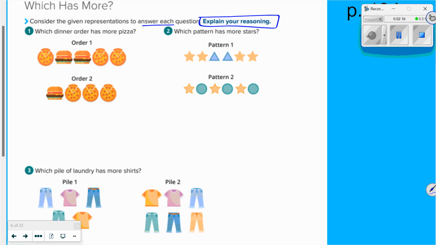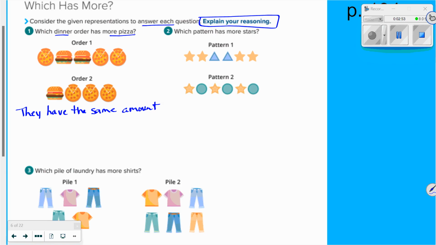Okay, our first one. Which dinner order has more pizza? They have also I prefer burgers. Okay, that's interesting. Anybody have something different? Max? Order 2, because if you have order 1, it has too many burgers in it. So what is it?